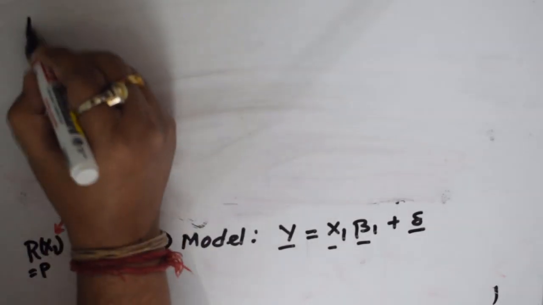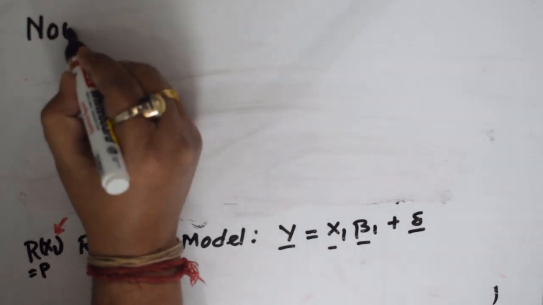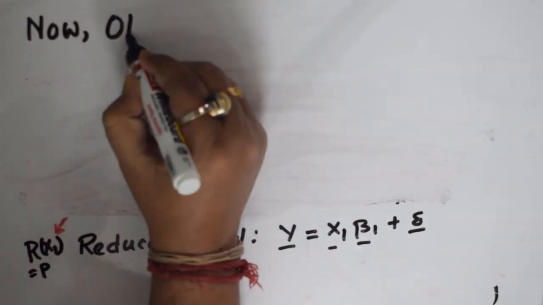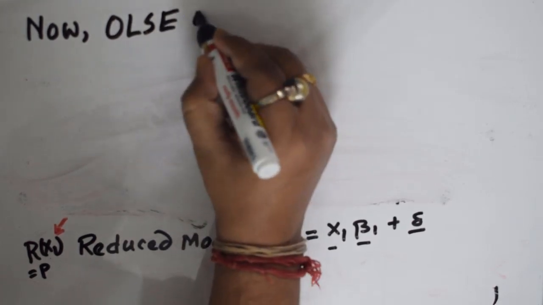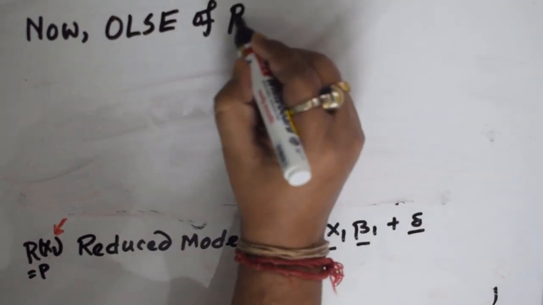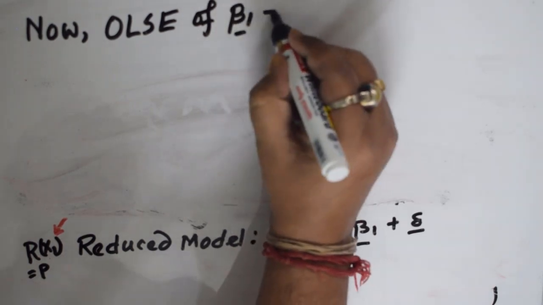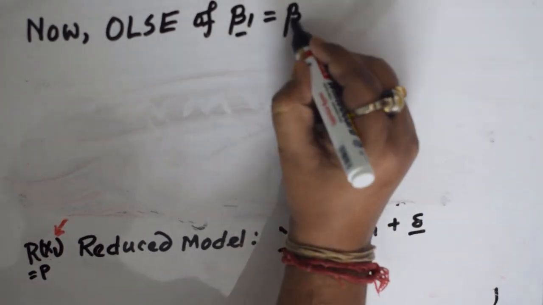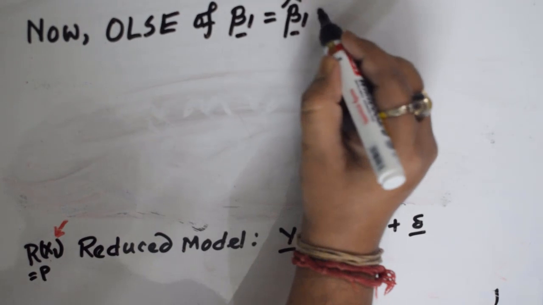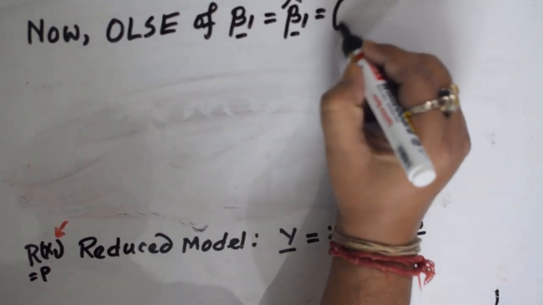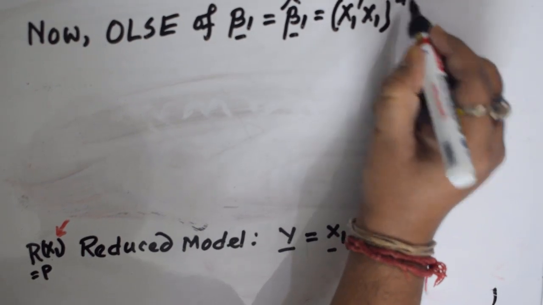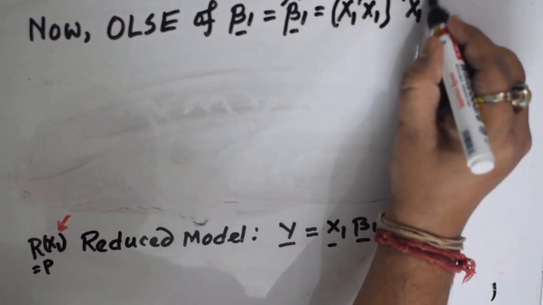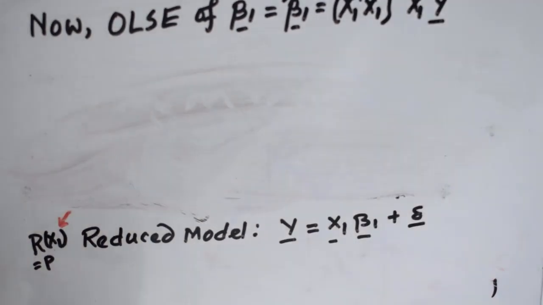Now OLS estimators of beta 1 equal to beta 1 hat equals x1 prime x1 inverse x1 prime y curl.